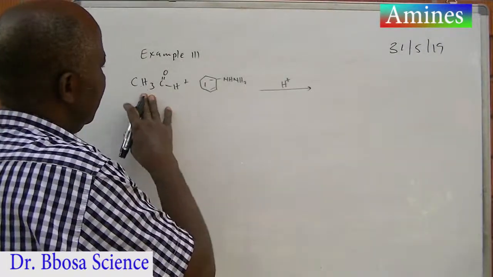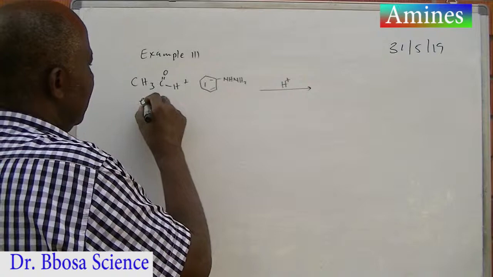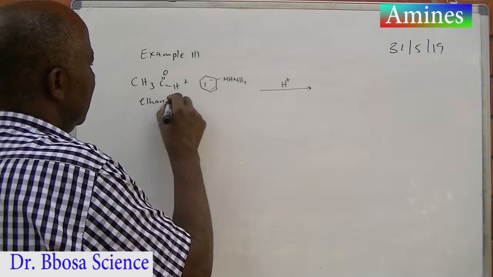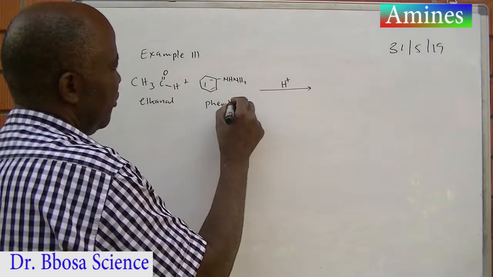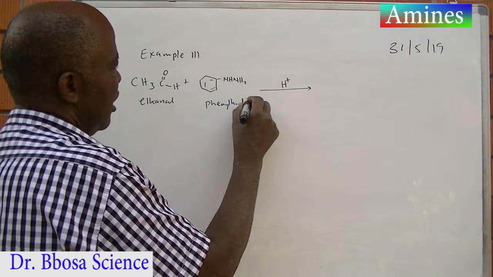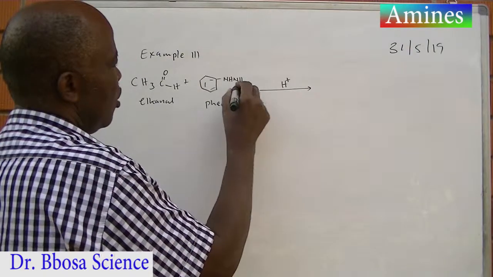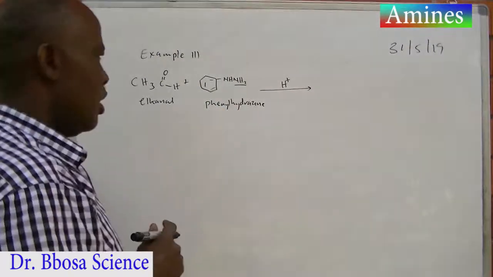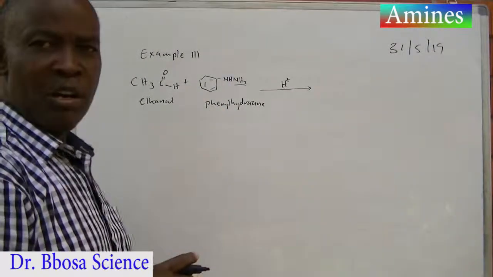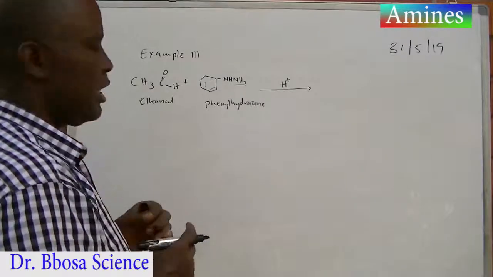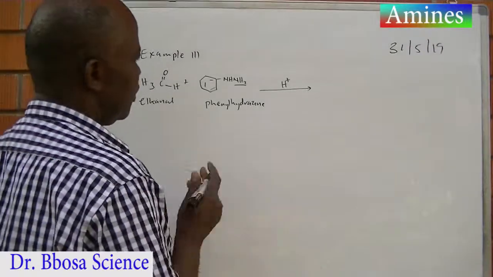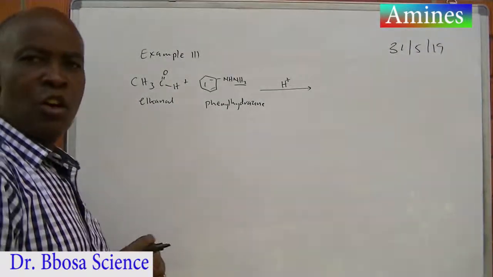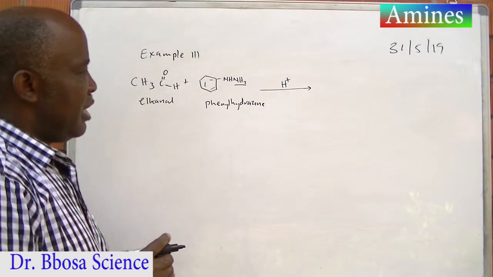As an example will be ethanal plus phenylhydrazine. All compounds containing a nitrogen with two hydrogen atoms can condense with carbonyl compounds. So you can pause, complete, and then write the mechanism.